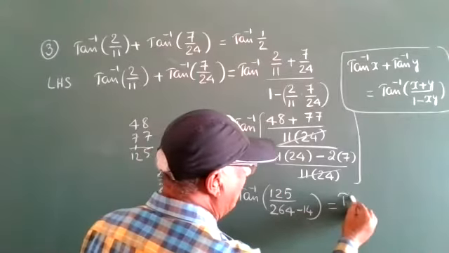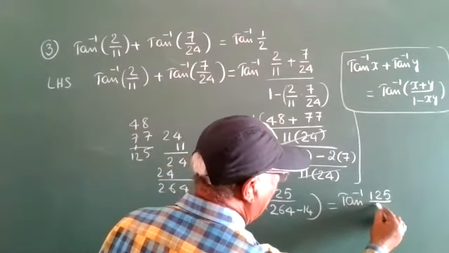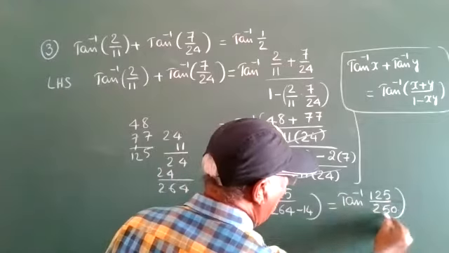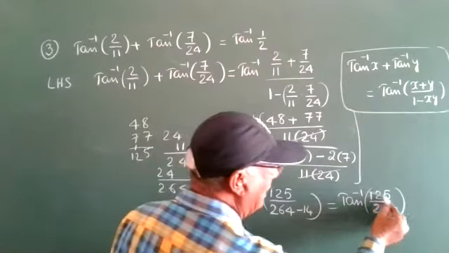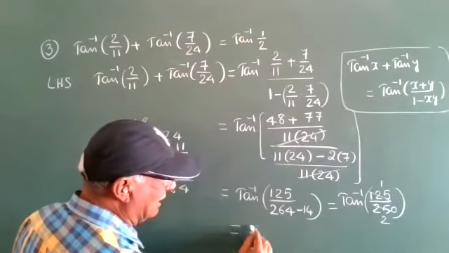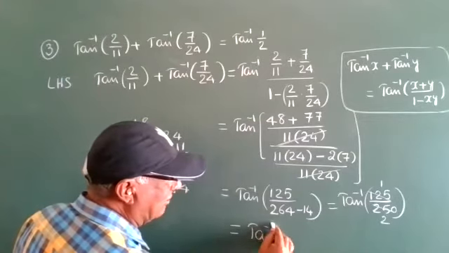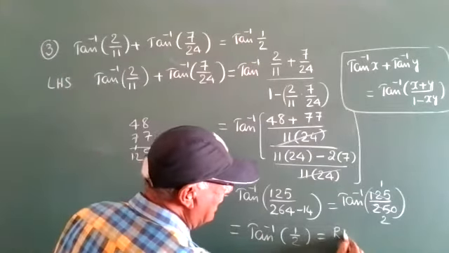Tan inverse of 125 by 250. How many times is 125 cancelled? 2 times. We get the answer tan inverse of 1 by 2, that is the right-hand side.